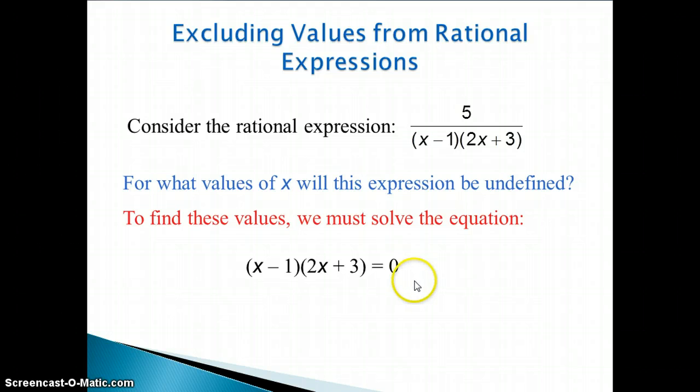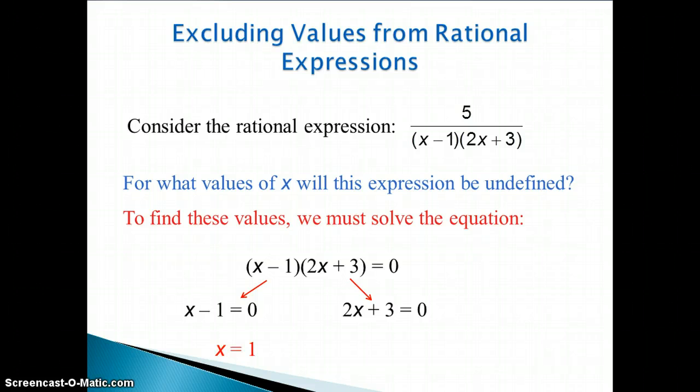Now this equation is of the form that we've been learning to solve just recently. Remember that if you have a factored expression on one side of the equal sign and 0 on the other side of the equal sign, we can solve that equation by setting each factor equal to 0 and then solving those new equations.